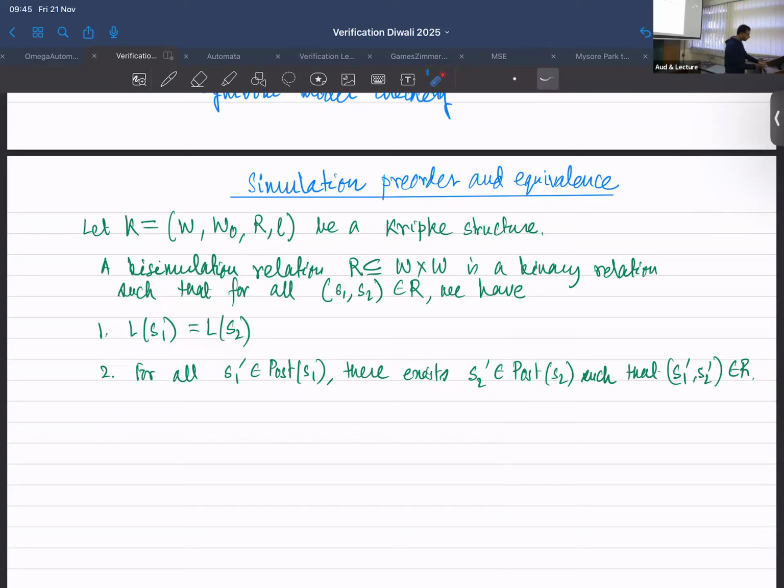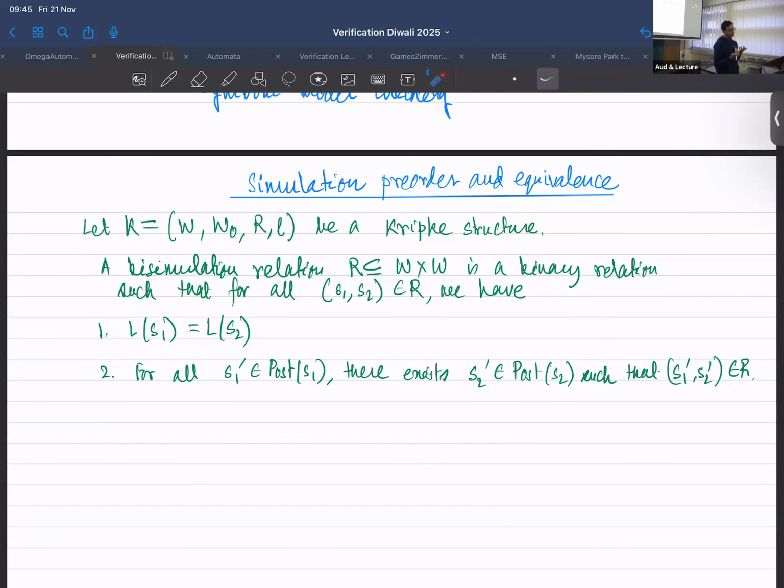But I'm not talking about the other direction, like for all S2 prime, right? So it's called a simulation relation. So S1 and S2 are related. Why is it a simulation? In the sense that whatever S1 can do, S2 can also do, right? So in that way, you say that S2 simulates S1, but it may not be the other way around, right?